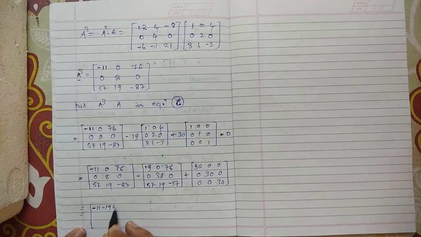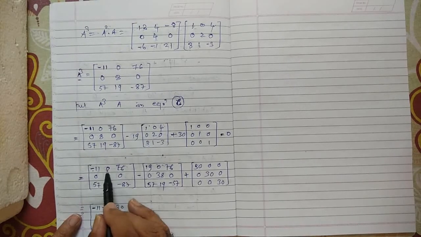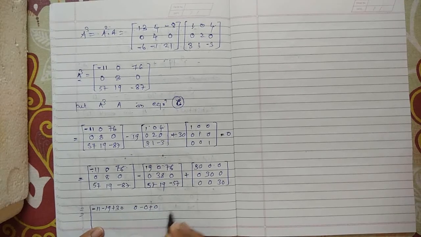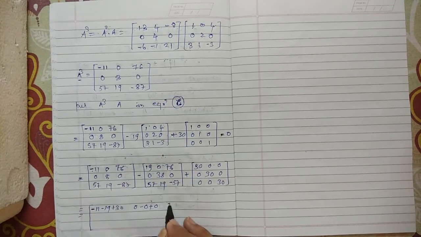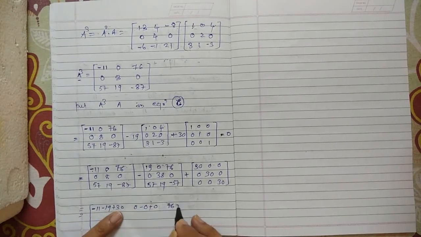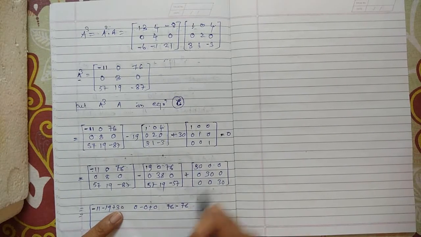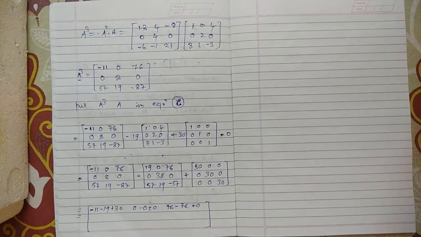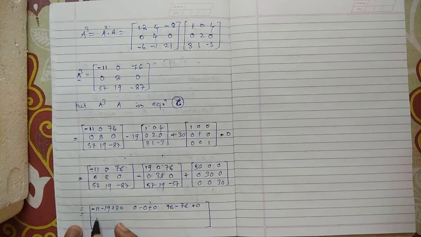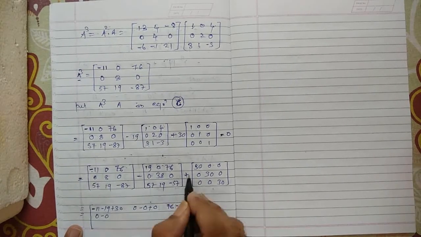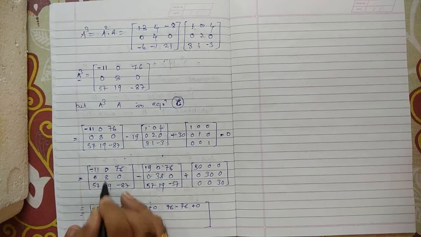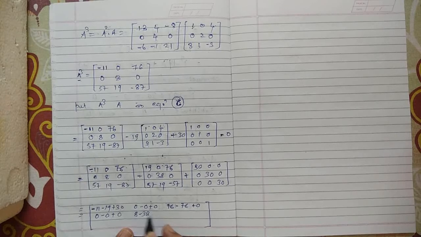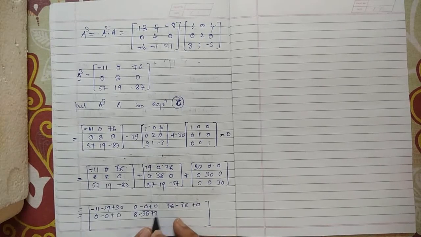This is 0 minus 0 plus 0, and this is 76 minus 76 plus 0. Then 0 minus 0 plus 0, 8 minus 38 plus 30.